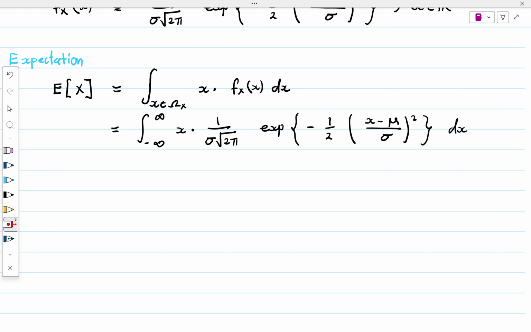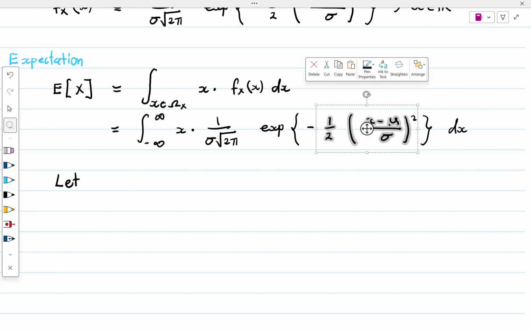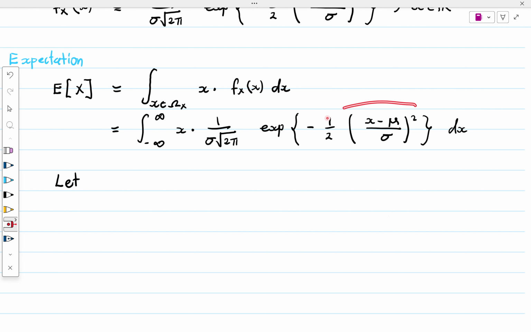For now, however, I'm going to perform u substitution, and by performing u substitution, we will hopefully be able to integrate this expression. The logical choice might be the whole of x minus mu over sigma, all squared.